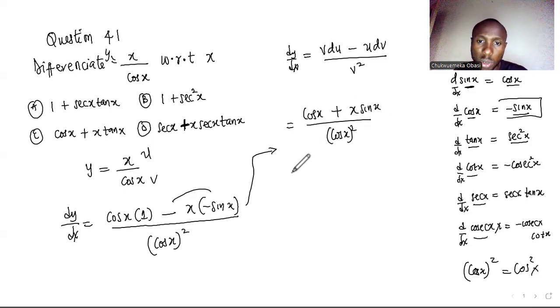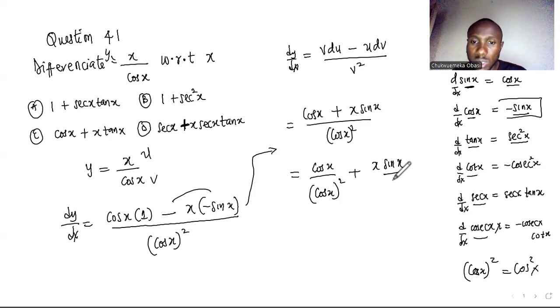That becomes cos x upon cos x all squared, then plus x sine x upon cos squared x. This is cos x times 1 over cos x. I really want you to understand this. This is actually cos squared x, but I don't want to write it that way because I need it simplified. What I'm saying is that this cos x will cancel one of these, so I have 1 upon cos x.